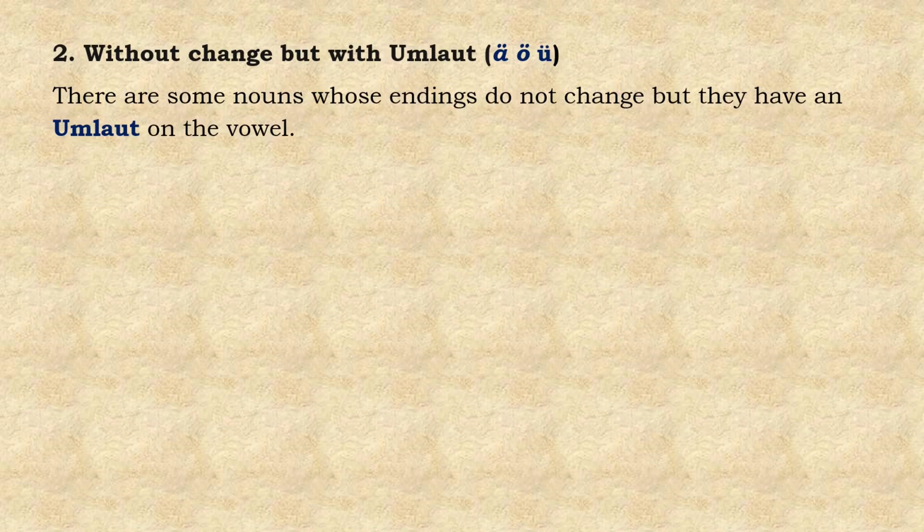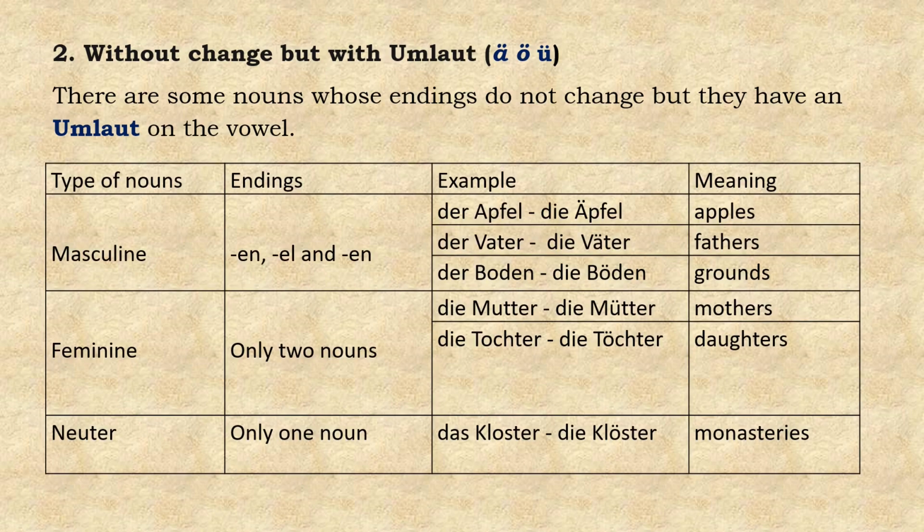There are some nouns whose endings do not change but they have an umlaut on the vowel. For example, der Apfel, die Äpfel, der Vater, die Väter, der Boden, die Böden.